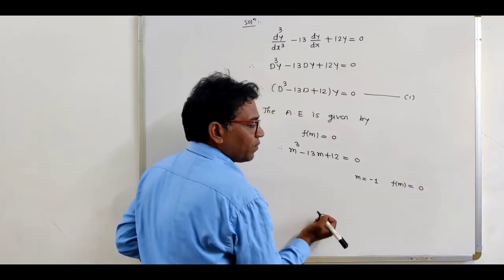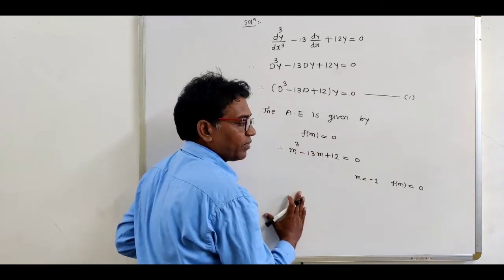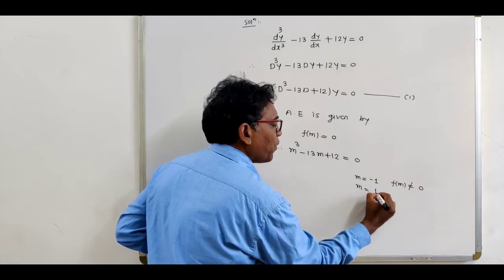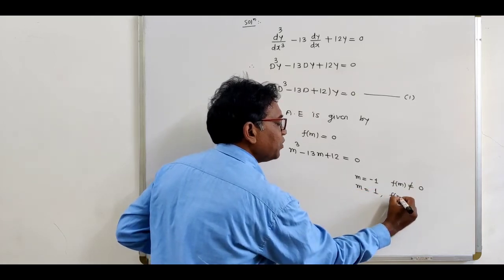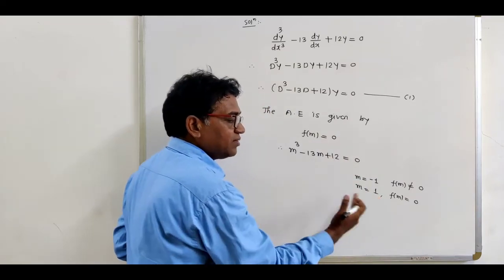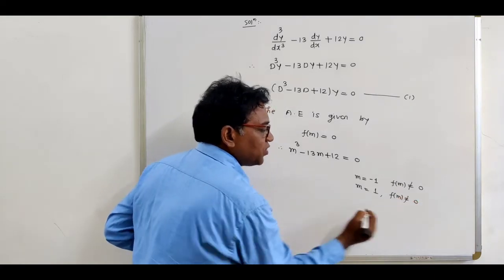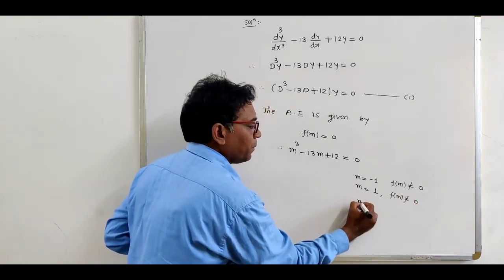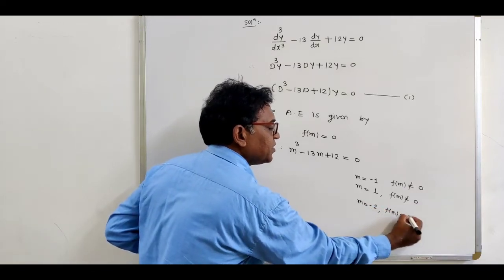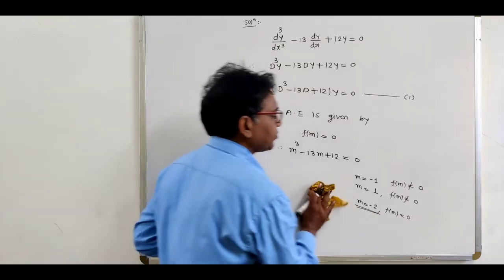If it is 0, then m equal to minus 1 is one of the roots of this equation. If this is non-zero, then try for positive value. Just again find out the functional value. If this is 0, then m equal to 1 is the root of this equation. If this is non-zero, then try for the next value. Put m equal to minus 2 suppose. Find out the functional value. If this is 0, then m equal to minus 2 is one of the roots of this equation.